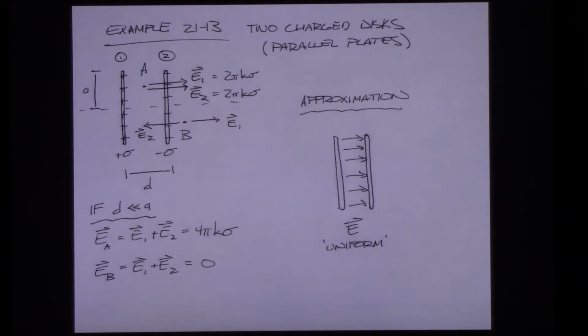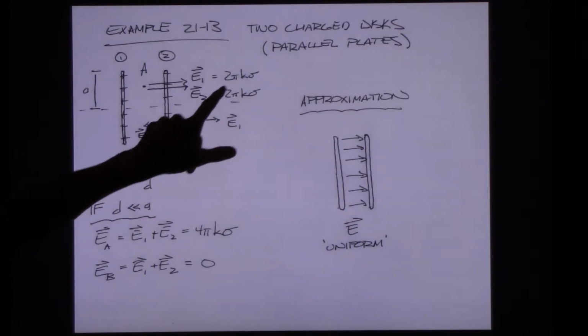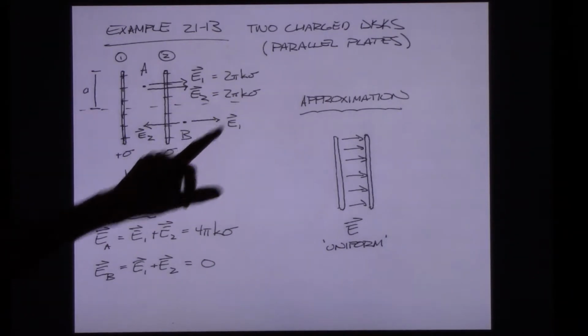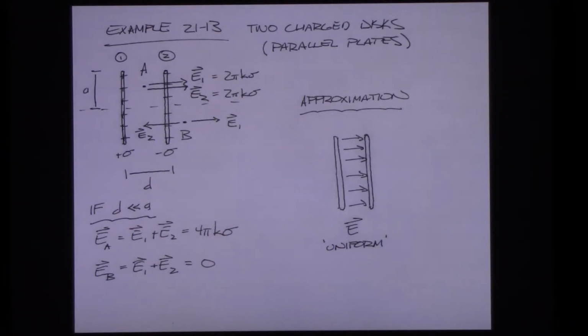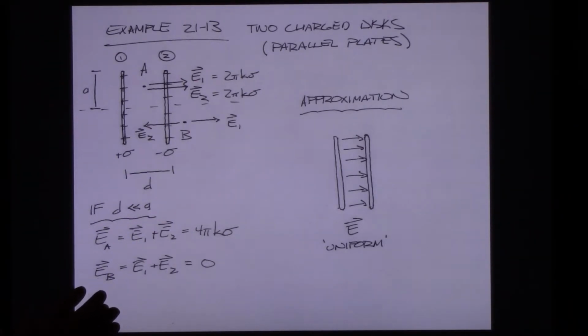Now here's where the approximation kind of breaks down. We assume that since this point is so close to both of the plates, both contributions are the same magnitude, 2 pi k sigma. Therefore, the electric field outside of the plates will be 0.